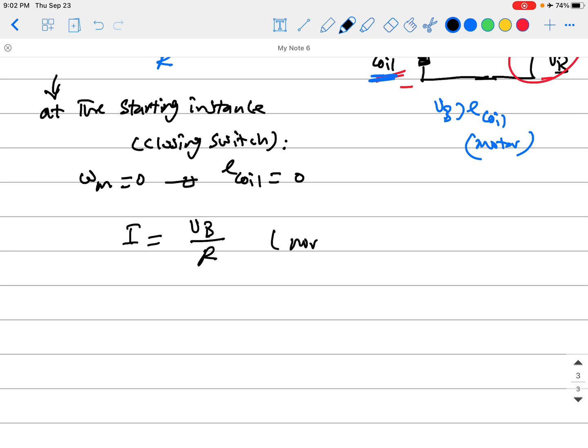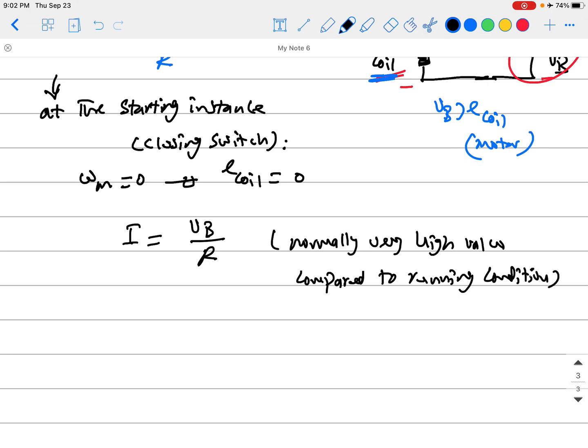Okay? And that's the height. So this is normally a very high value compared to running condition. Why? Because after the starting instance, the machine starts running, starts rotating.